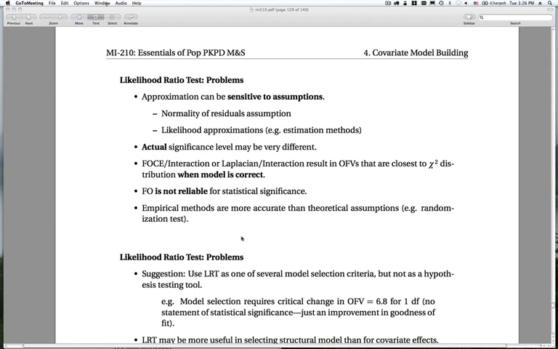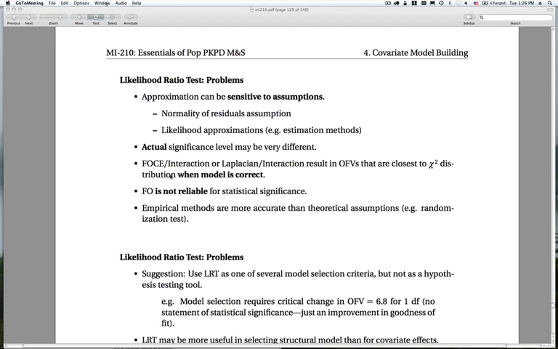So be careful of the likelihood ratio test, and remember the approximations we use in the likelihood, and be sensitive to assumptions, the normality of residuals, the assumptions about the likelihood simplifications that we make. Actual significance might be very different than the observed or apparent significance level.